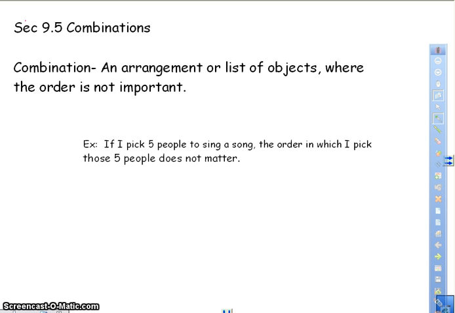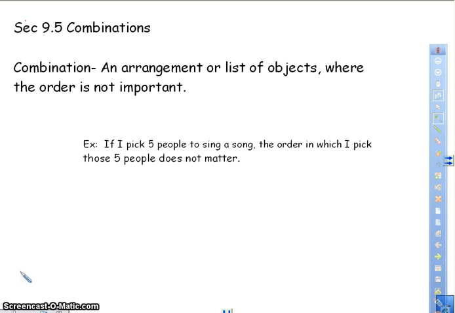In this example, if I pick 5 people to sing a song, the order in which I pick those 5 people does not matter. An example of a permutation would be if there were 5 solos; the order in which they sing those solos would be important.